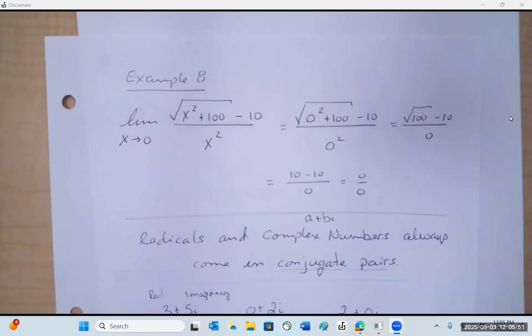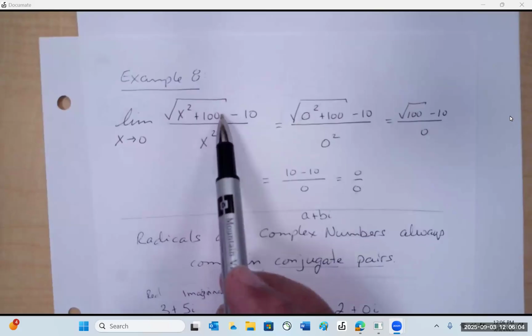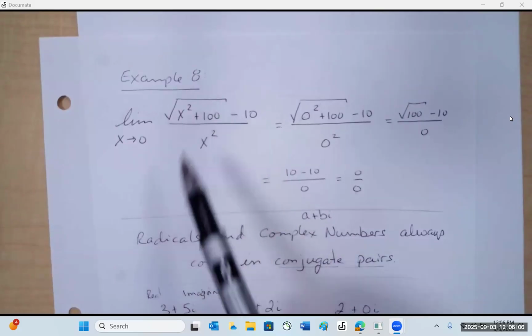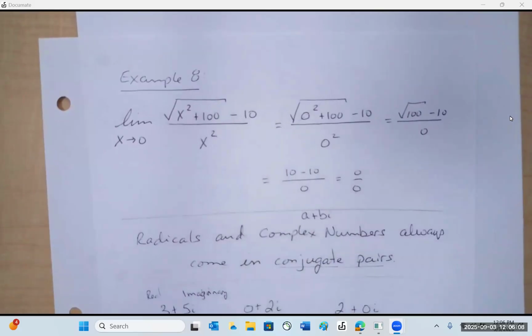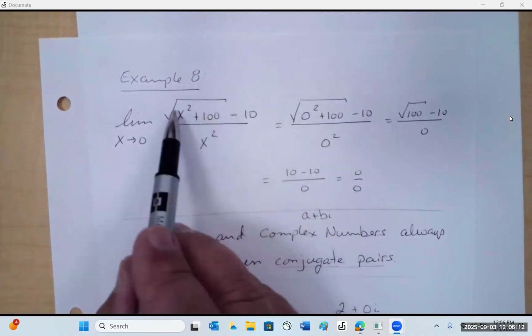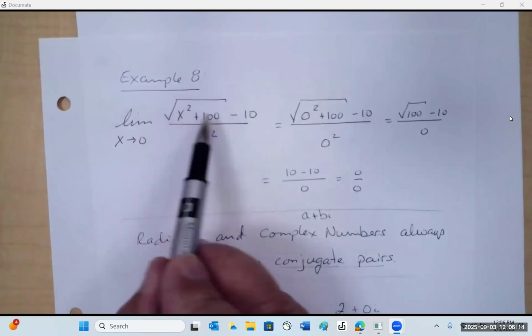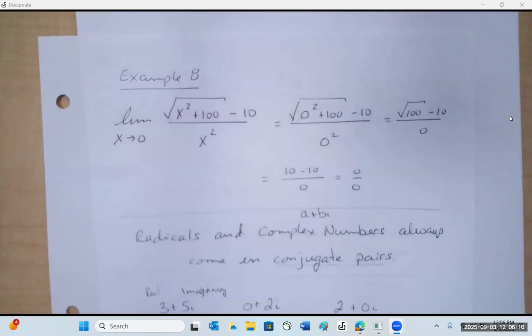So we have to multiply this whole equation by the conjugate of the numerator. Because what's causing the problems? The radical up here. So we have to get rid of this radical up here.